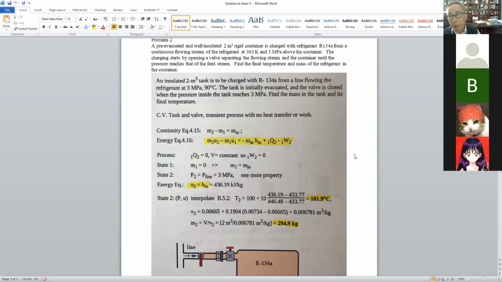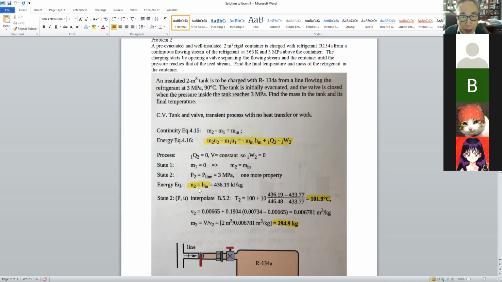How do you go to the table to find the U2 or the H in? Because there is no table entrance for the pressure. You can only find it through temperature, or you can do linear interpolation to find the H. The ending state pressure is given.